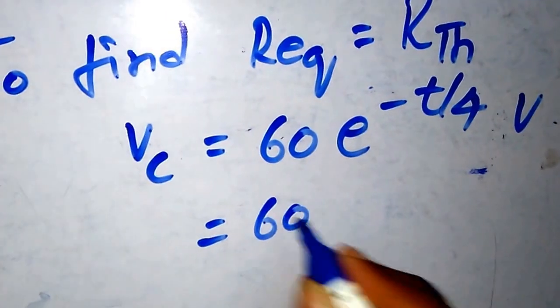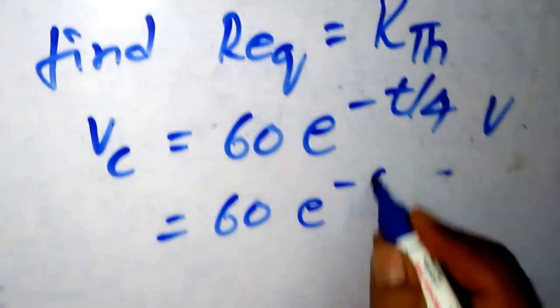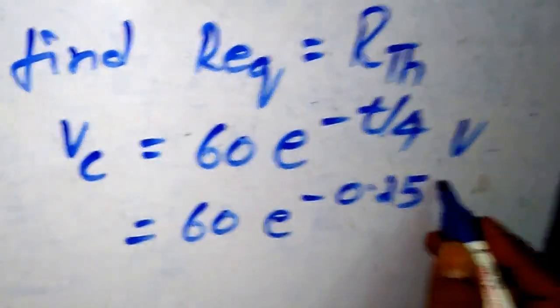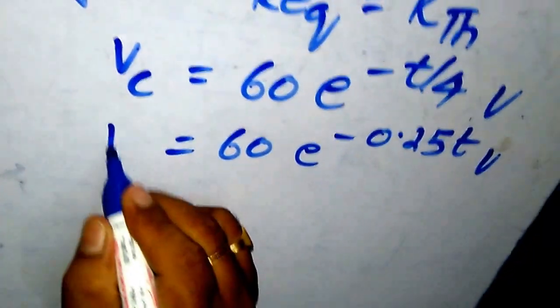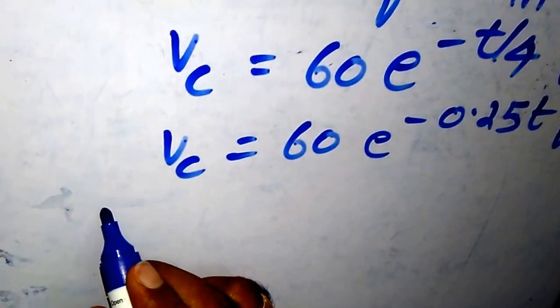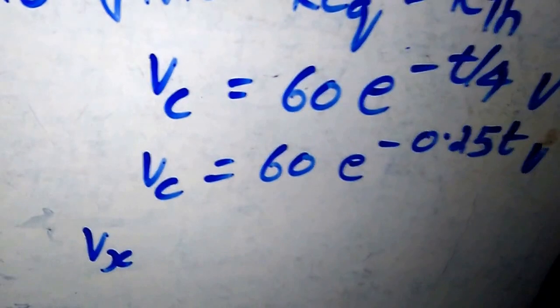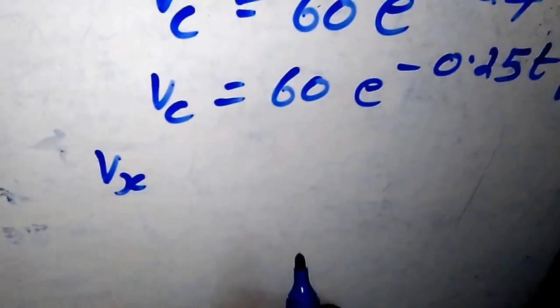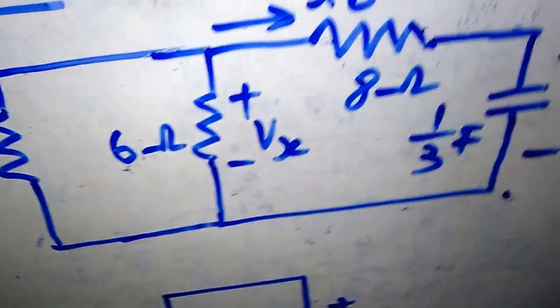This you can further write as 60 into e power minus 0.25 t volts, that is Vc. Next you need to find Vx. So Vx is the voltage across the 6 ohms resistor.